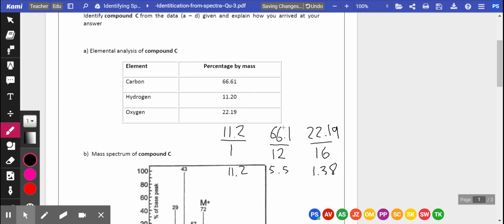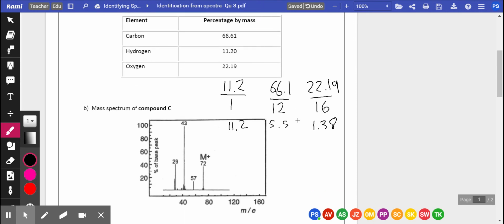Now the next step in finding empirical formula, if you've done stoichiometry, is to divide all these numbers by the smallest number, which is 1.38. We can keep it at that. It should not cause a problem. There might be some rounding issues.